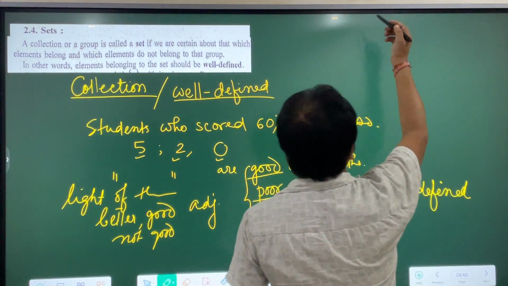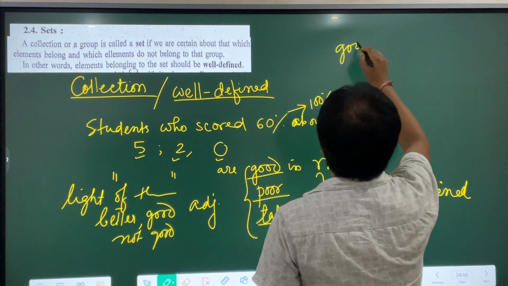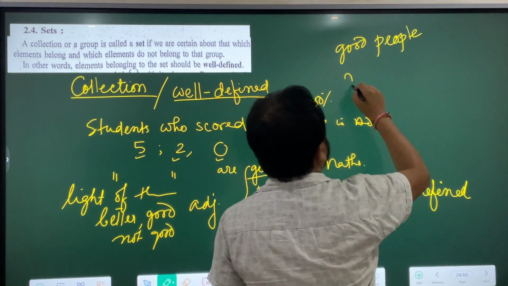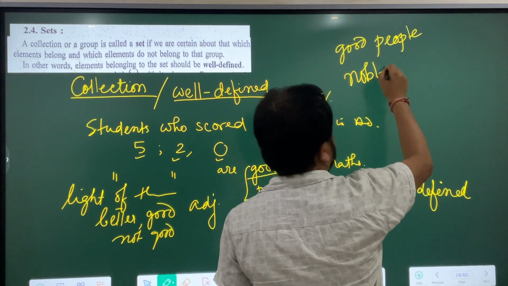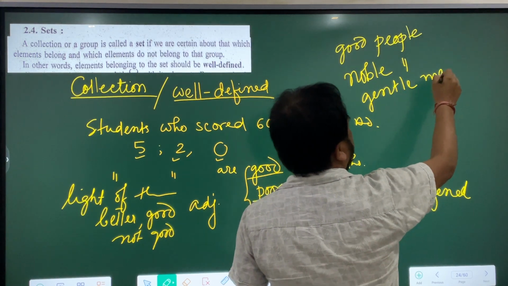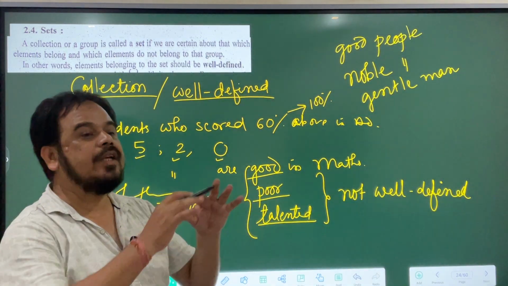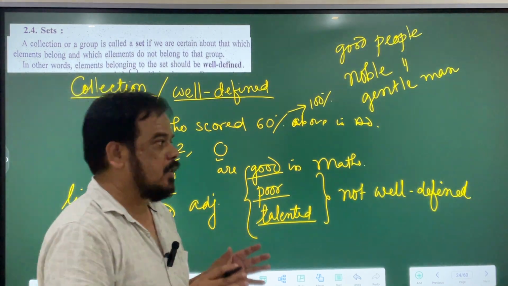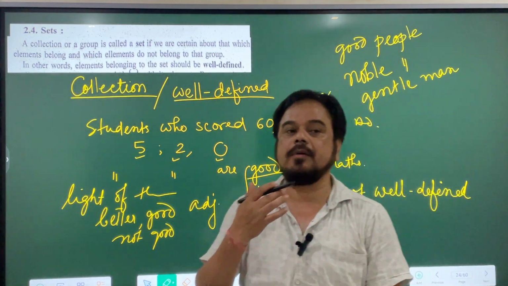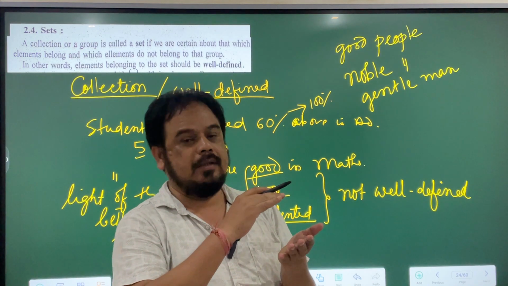If I say there are good people or noble people or gentlemen, the collection of gentlemen in your area, the collection of good people in your area, how can you measure? You cannot go for the measurement.